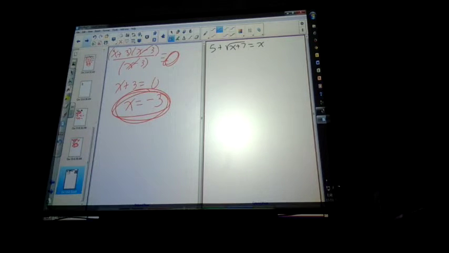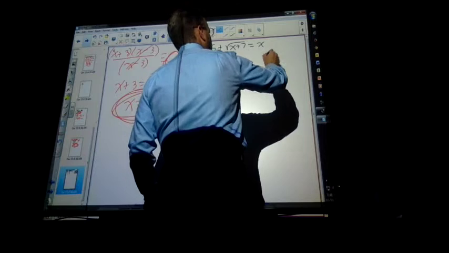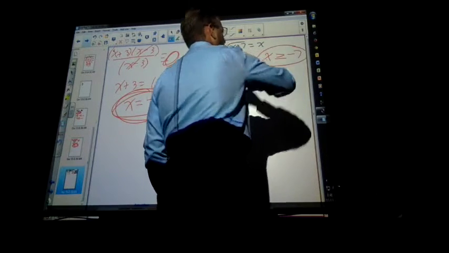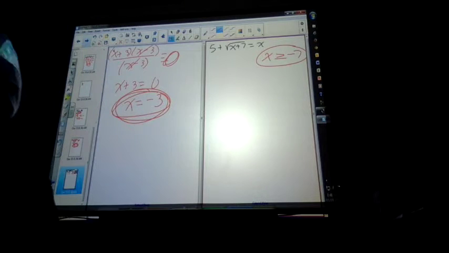If I had the square root of x plus 7, what's the smallest value that x can be? Negative 7. Good, because I can have the square root of 0, right? So my answer has to be x is greater than or equal to negative 7. I have to have that as part of my answer.